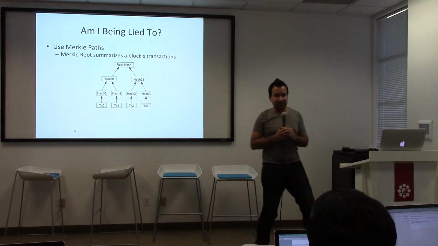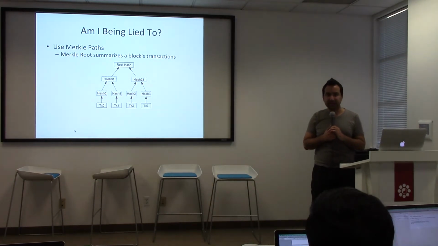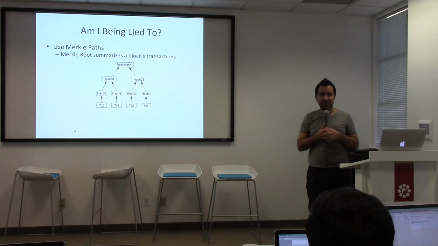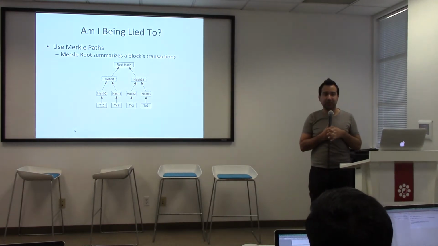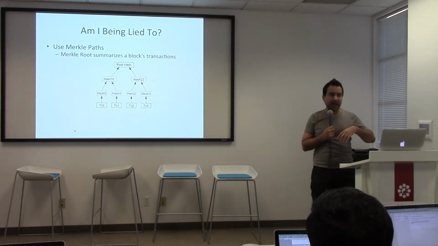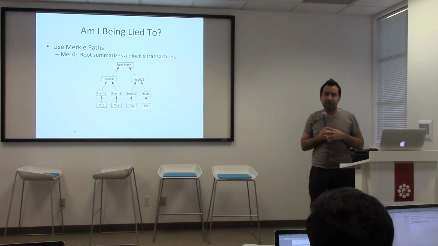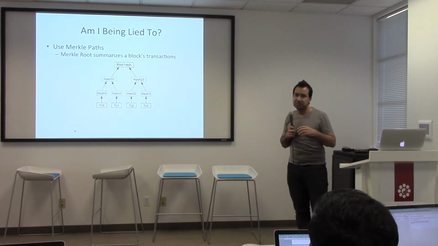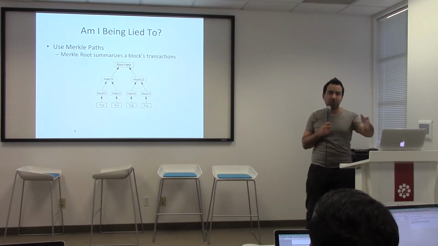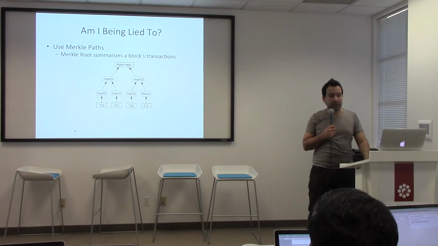Does that make sense? So I'm getting a path to verification whether this transaction is actually a part of the block. Now, the guy can come up with a block's Merkle root that is basically lying to you. It's all made up. This is why you need to connect to more than one node and hope to come across an honest node, right?